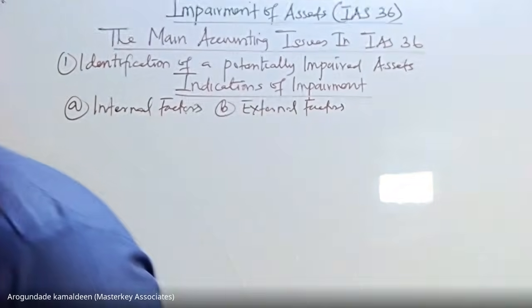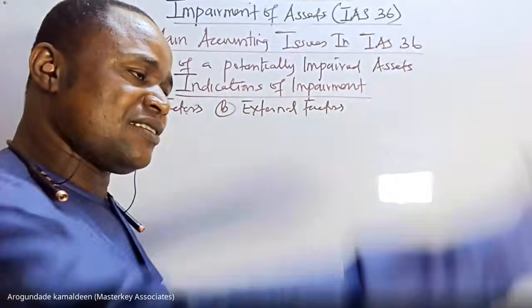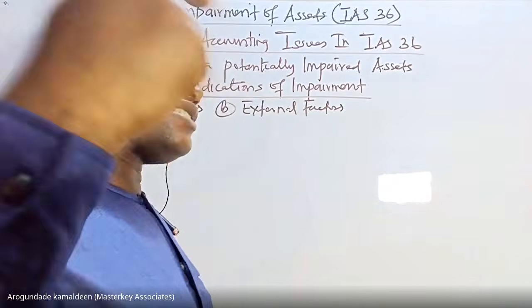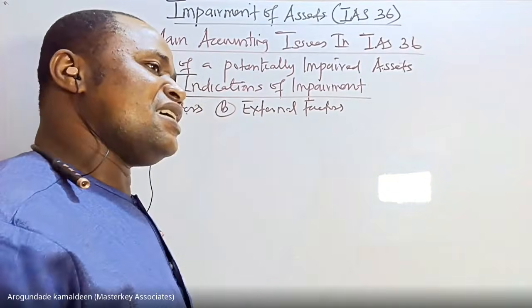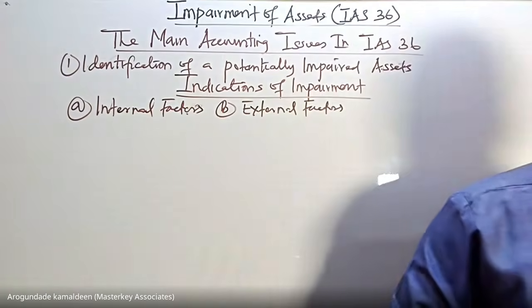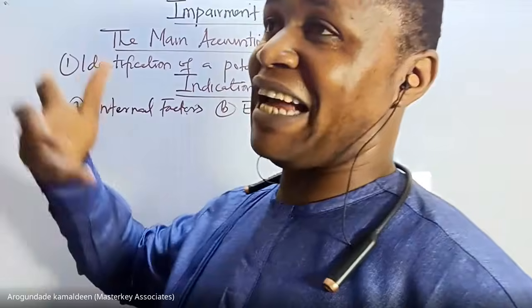Next, when the carrying amount of an entity's net asset exceeds its market capitalization. The market capitalization is the market value of the company, right? But if the net asset of your company, your total net asset, is more than the market capitalization, it means your asset has been excessively valued.